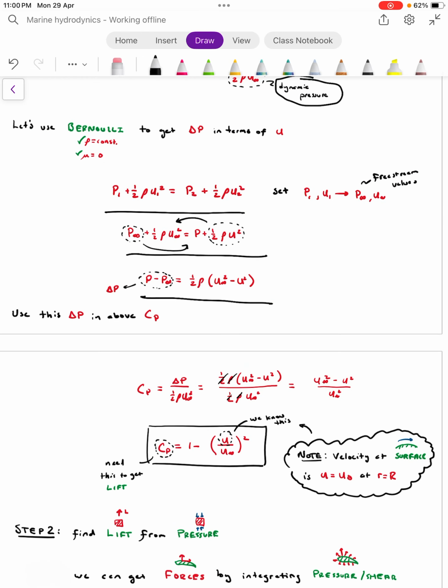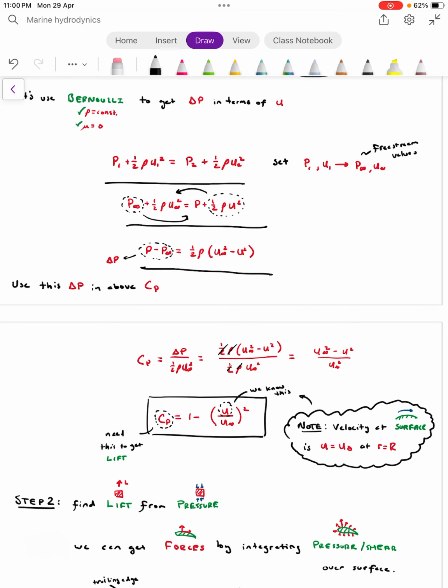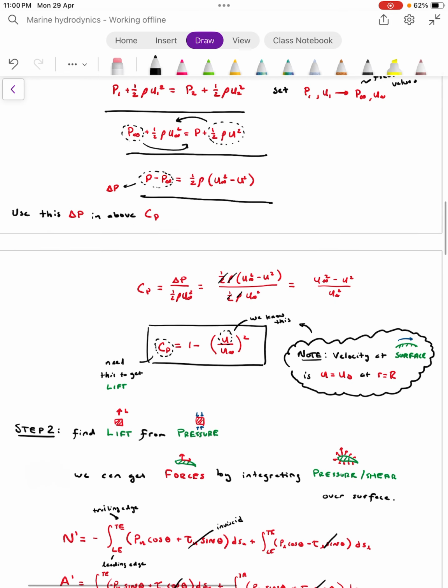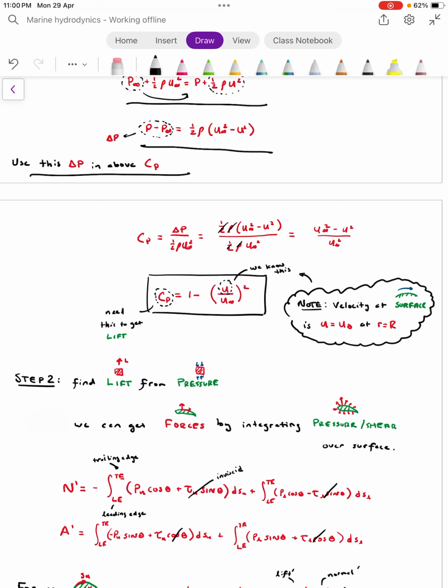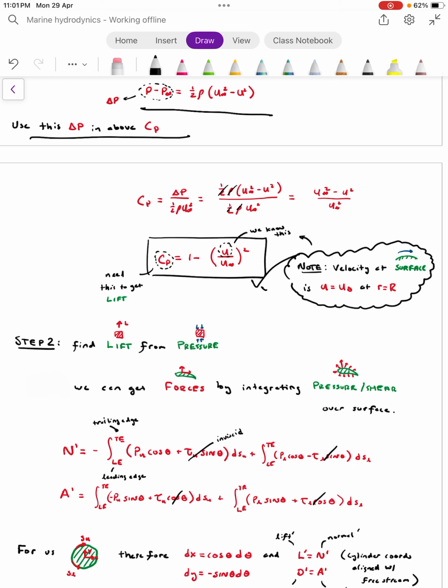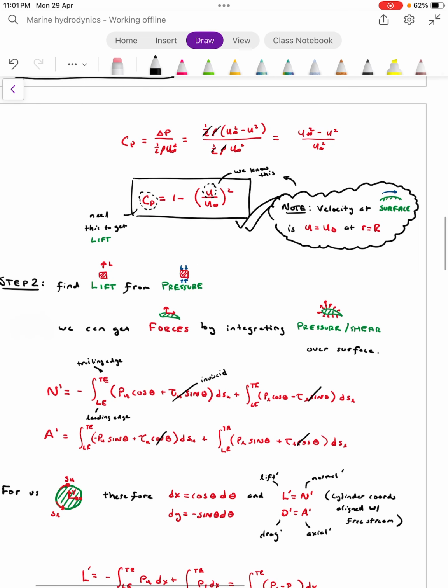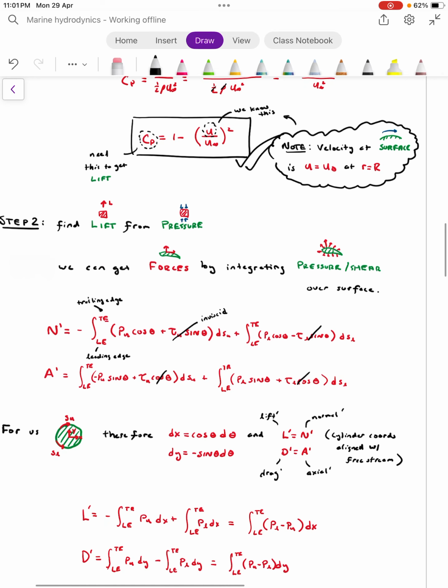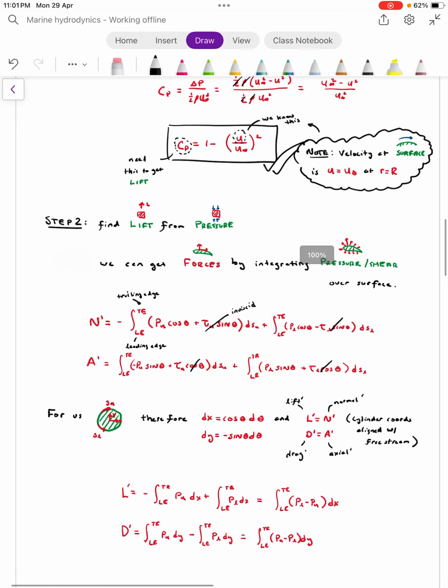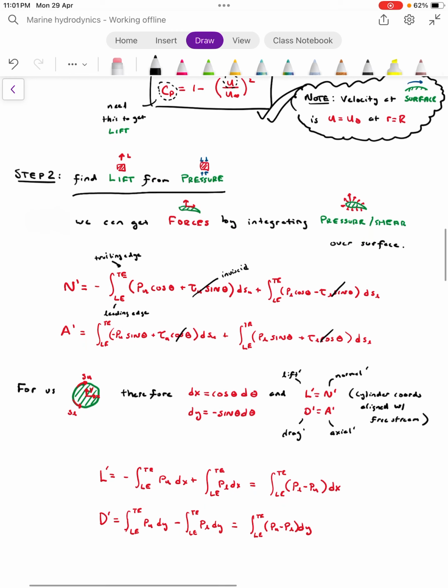We are assuming that P1 and U1 are P infinity and U infinity, meaning free stream pressure and velocity. From this, the expression for Cp is 1 minus (U by U infinity) squared. We will use this expression later on. So we get the pressure from the velocity.